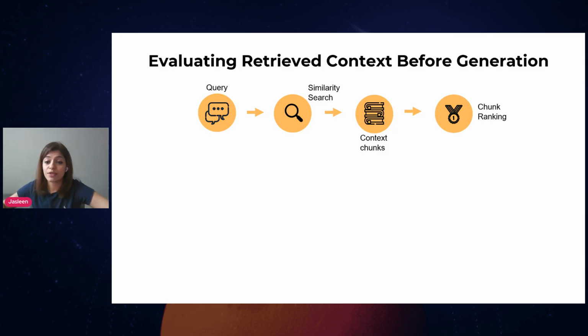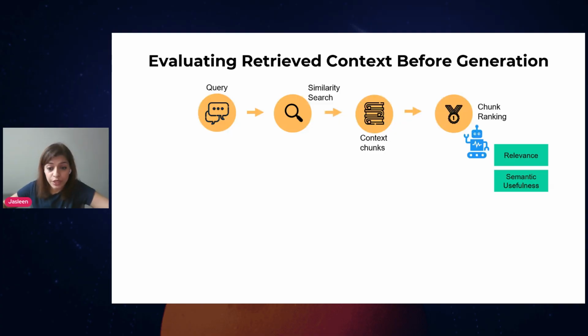Now, the agent steps in for the first time, and this is its very first major role, evaluating the quality of the retrieved context. At this point, the agent is basically acting like a skeptical editor who asks, are these chunks truly relevant to the user's question, or are they just loosely related? Are they complete, or do they leave out key details that are essential to lead to a good answer?